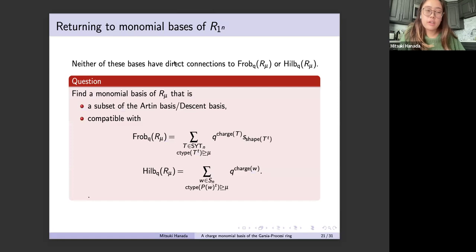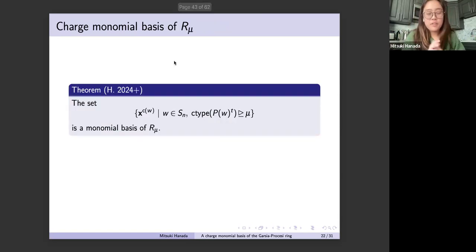So our natural question is to find a monomial basis of the Garsia-Procesi ring that is, one, a subset of the Artin basis and descent basis, and two, compatible with the Frobenius character and Hilbert series given here. And we answer this question by giving such a construction.